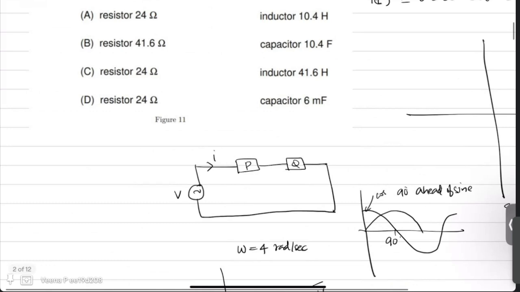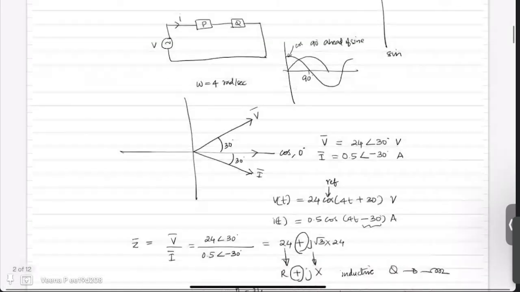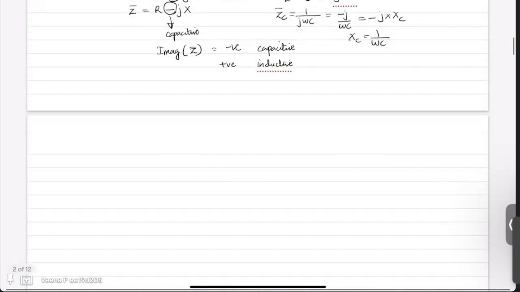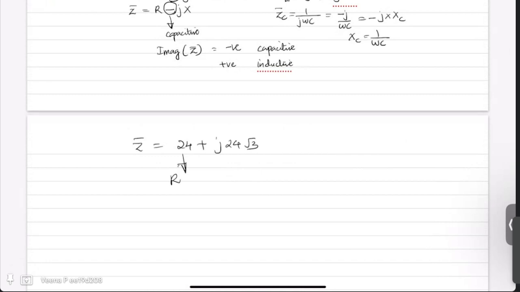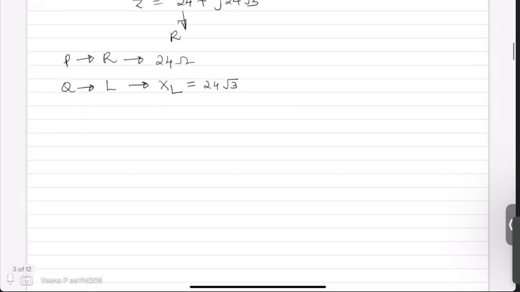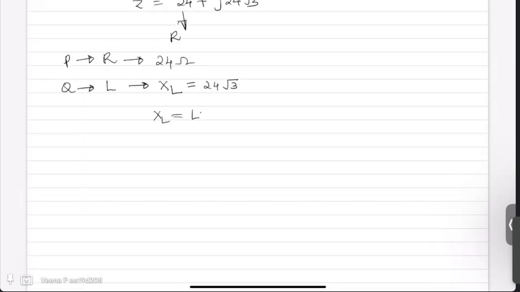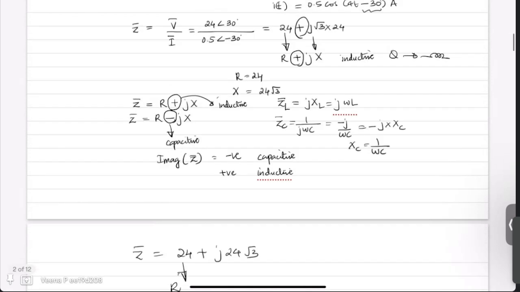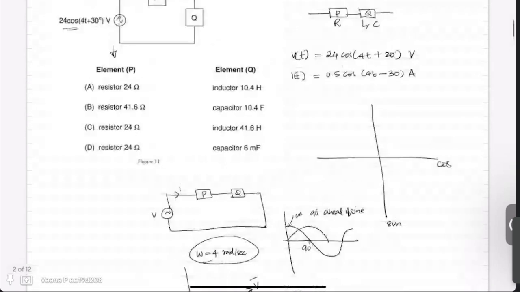Anyway, P is already a resistor. So you know that the value of P is the real value. The impedance we obtained is 24 plus j 24 root 3, where the real part is the resistive part. So the resistive part is nothing but P, and its value is 24 ohms. Now Q is an inductor whose inductive reactance XL is given by 24 root 3. Now XL is nothing but L times omega, and omega is given in the problem, which is 4 radians per second.